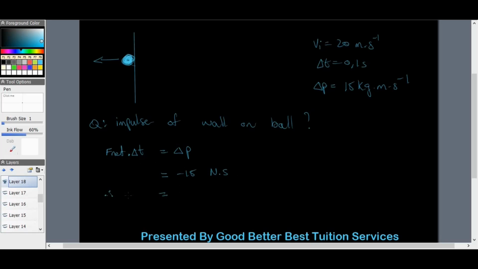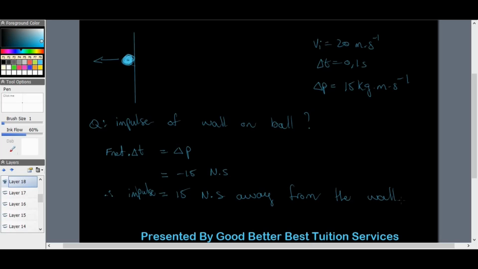Therefore, my impulse is going to equal 15 newton seconds, which is going away from the wall. And that's essentially what is happening in this scenario.